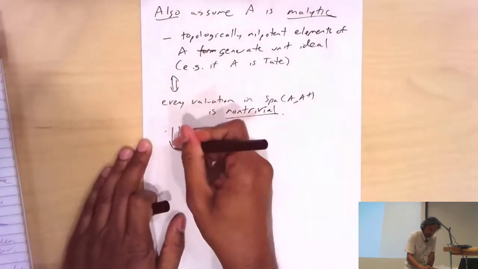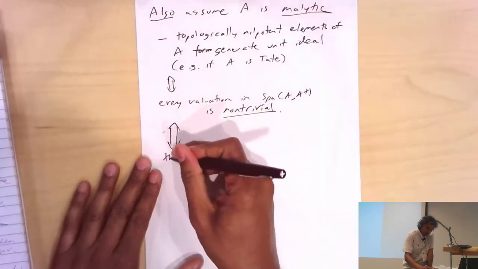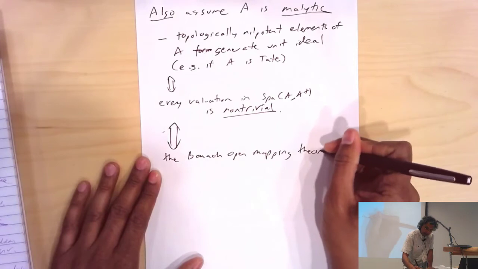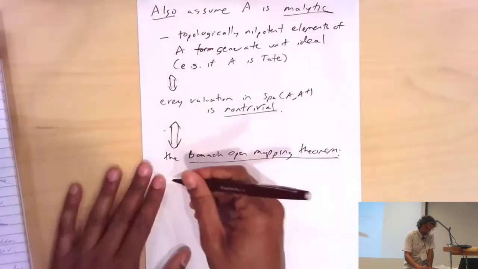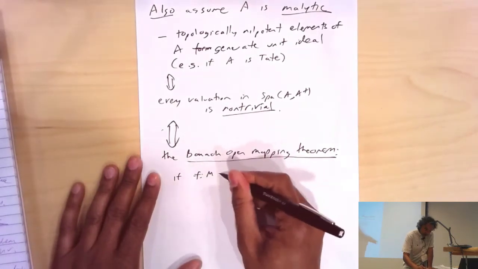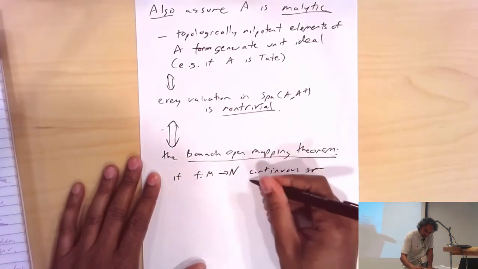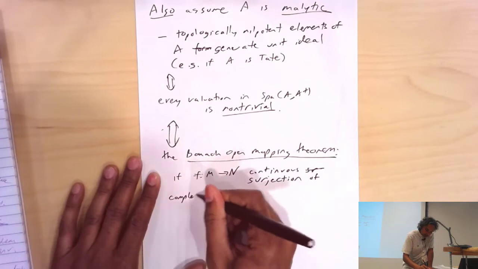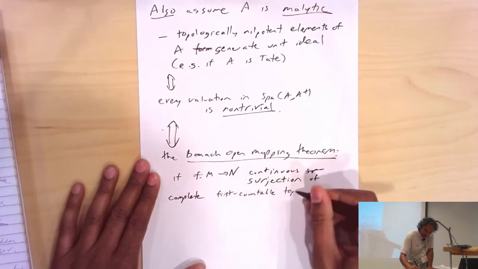One other way you can characterize these rings, as it turns out, these are the Huber rings for which the analog of the Banach open mapping theorem applies. There are various forms of it; let me just state one. If I have a continuous surjection F: M to N of complete, and I need some topological condition here, first countable topological A-modules.